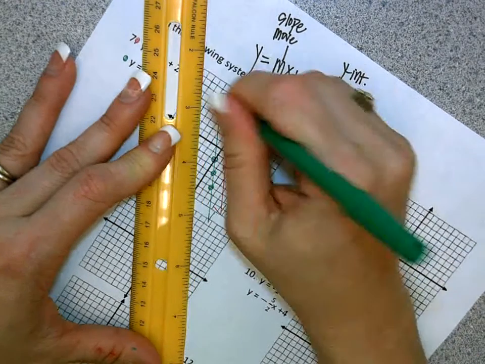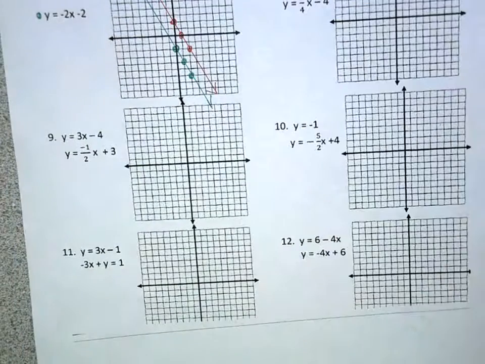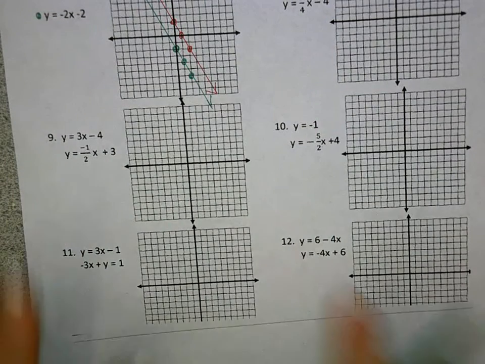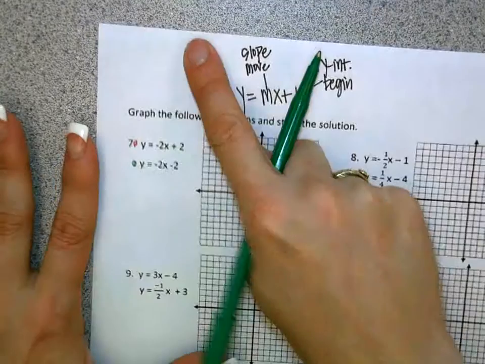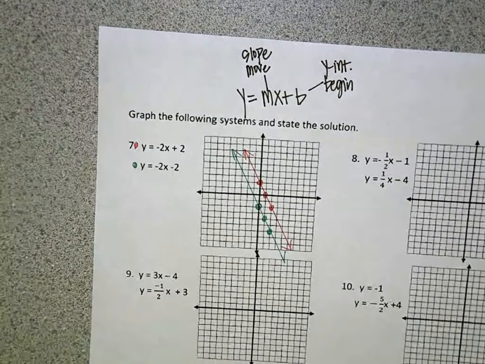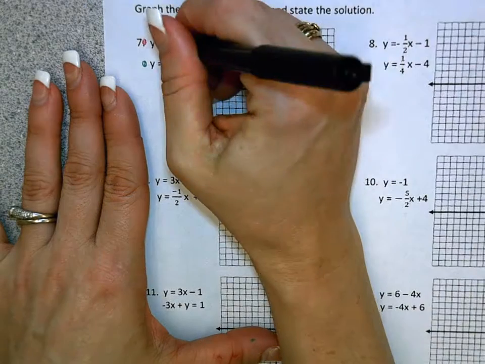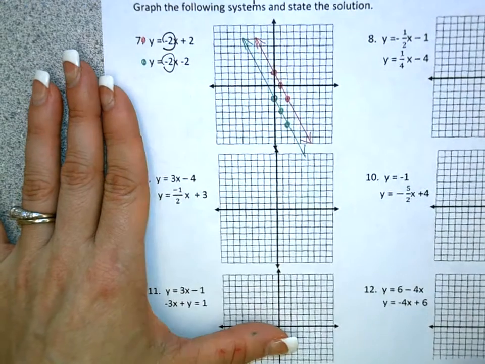Where do these two cross each other? What if they cross way, way up here? How can you tell that these are never going to cross each other? Because these are parallel. You know that these two are parallel because they have the exact same slope.